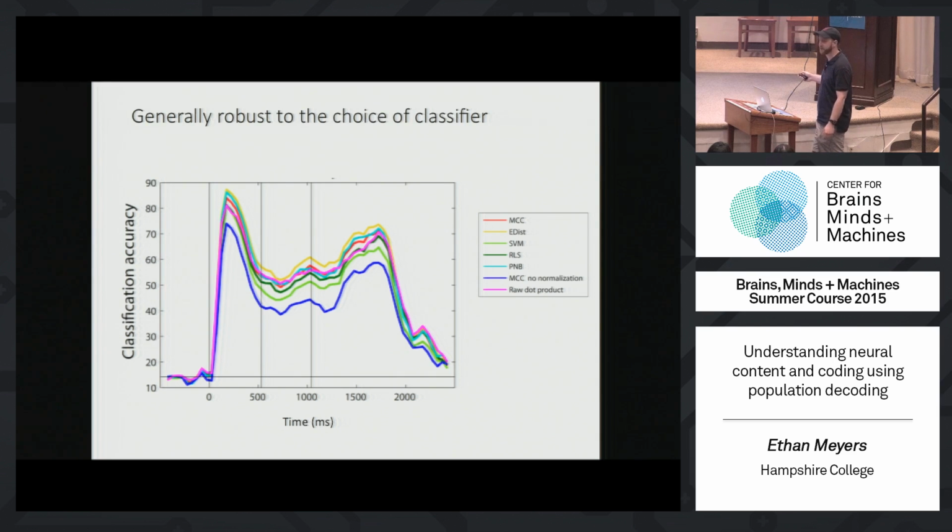So here's the maximum correlation coefficient classifier I told you about. Here's the support vector machine. You can see almost everything looks similar. And when there's something not working as well, it's generally a slight downward shift. So you get the same kind of estimation of how much information is in a brain region as a function of time, but maybe your absolute accuracy is just a little bit lower if you're not using the optimal method. But really, it seems like we're assessing what is in the data and not so much the algorithm.